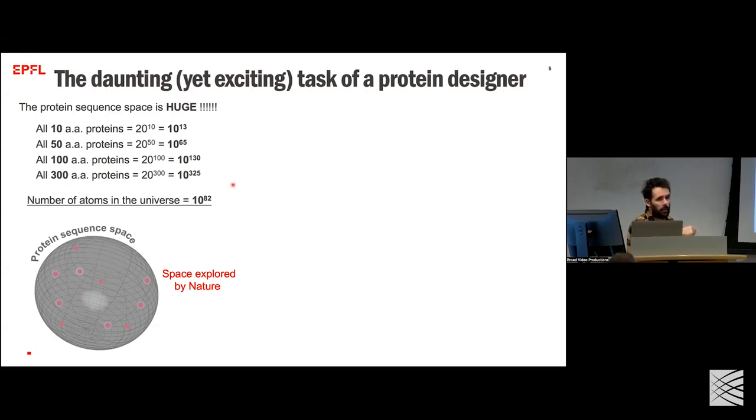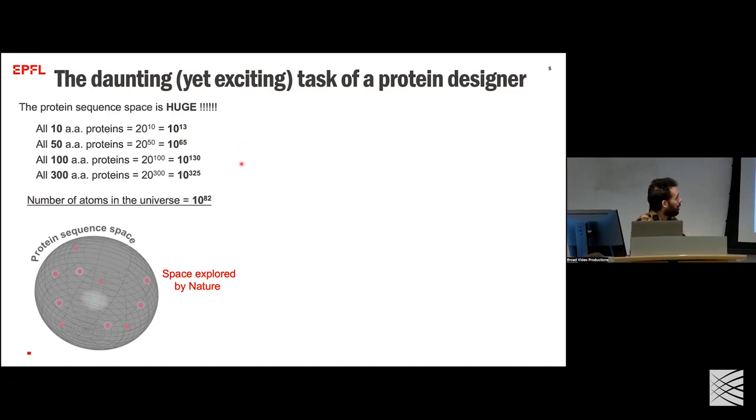We see a lot of new proteins, but many of them are related to each other. This can be due to a number of things. Perhaps nature has never needed to sample outside of those islands, or it got stuck in those islands, and they were sufficiently good for all that nature needs.